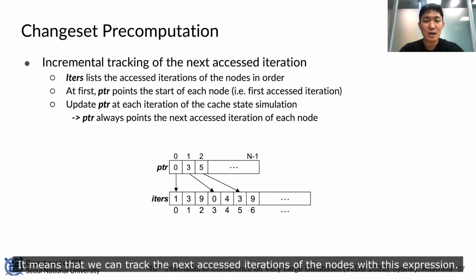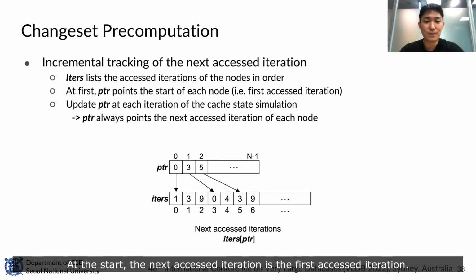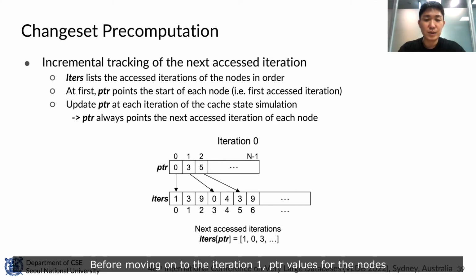It means that we can track the next access iteration of the node with these expressions. At the start, the next access iteration is the first access iteration. Before moving on to iteration 1, the PTR value for the nodes which are accessed in iteration 0, like node 1, should be updated. The next access iteration of node 1 is not 0 anymore.